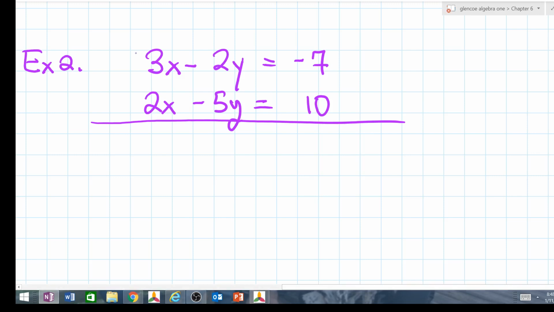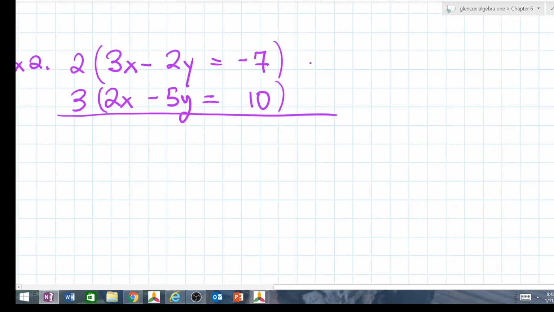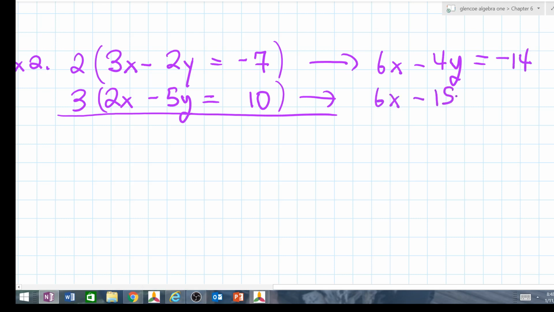All right, let's multiply the top by 2, and multiply the bottom by 3. That's how I would do my first step, and then I rewrite, which would give me 6x minus 4y equals negative 14. Is that correct? And then 6x minus 15y equals 30.